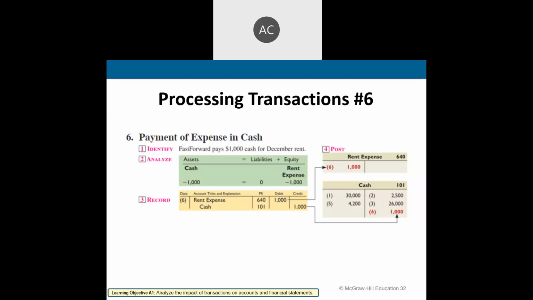I'm not sure. I still don't. So the first step, the second one, analyze, right? So I know cash is reducing, right? Yep. So we're crediting cash, that means cash is reducing. And then rent expense is gonna be credited. It's debited.